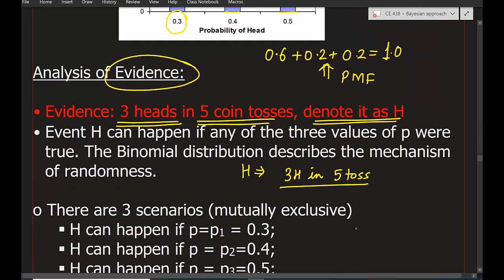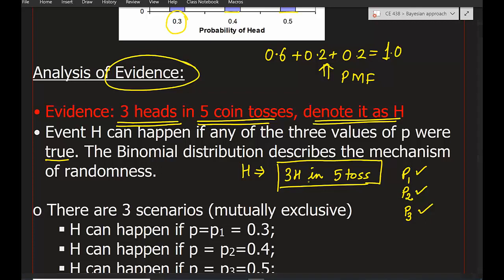Now event H can happen if any of the three values of P is true. It can happen if I have P1, or P2, or P3. If any one of them is true, I can get 3 heads in 5 tosses, but in all cases we will get a different value.